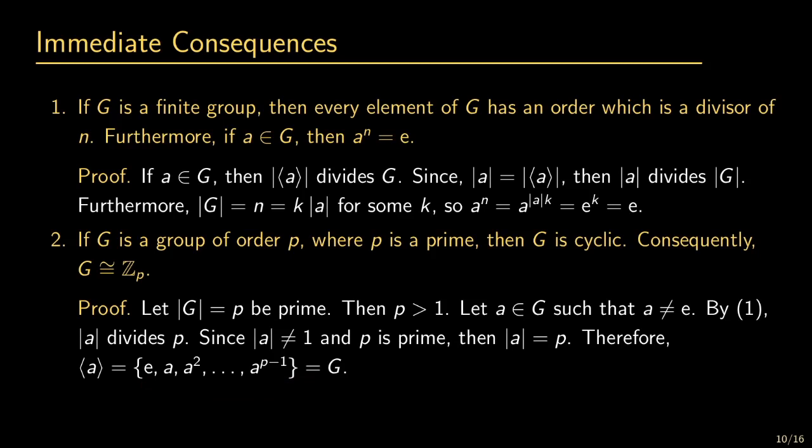Alam niyo yan. This is our theorem before. But this subgroup already has P elements and therefore must be equal to G. Therefore, G is cyclic. It is generated by some element. In fact, for a group of order P, lahat ng mga non-identity element, lahat sila generator. Yun yung nakita natin dito sa number 2. Okay?